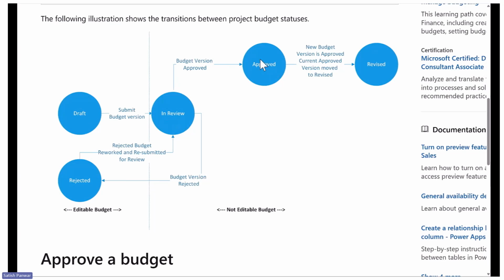We'll go through that in detail, but I'm just explaining in the context of status change. This is how the entire budget's status management would work, and there is a public documentation which you can go through for the details.